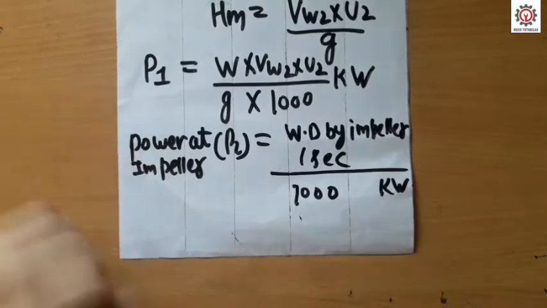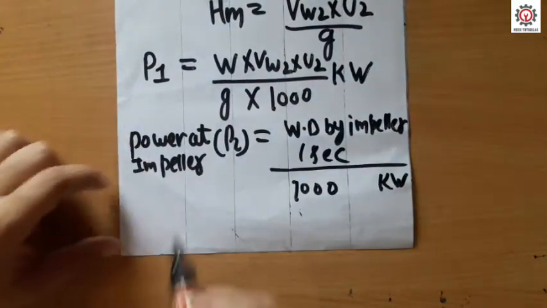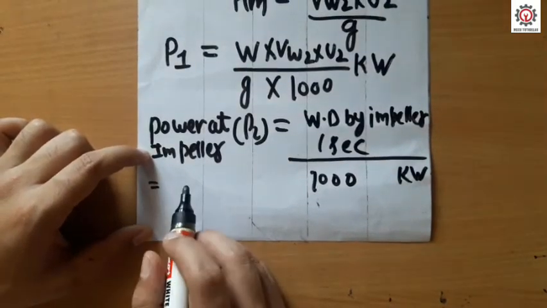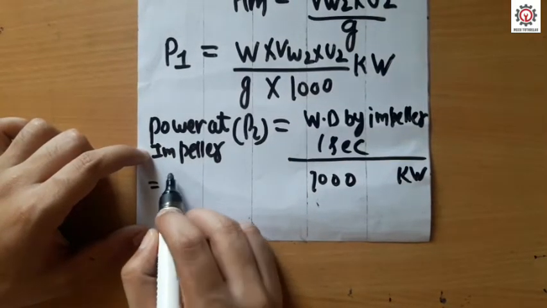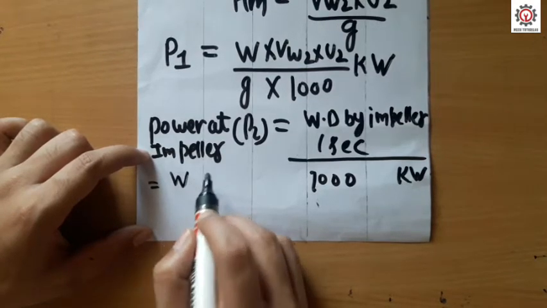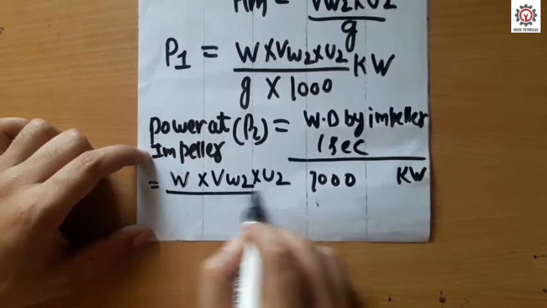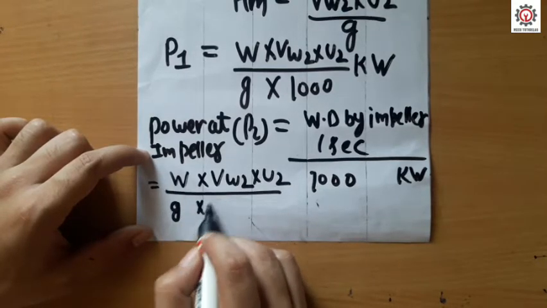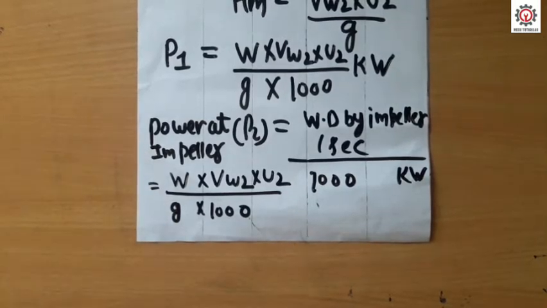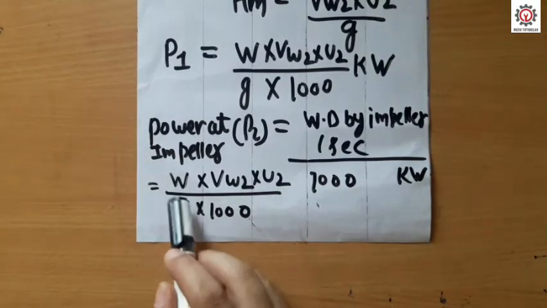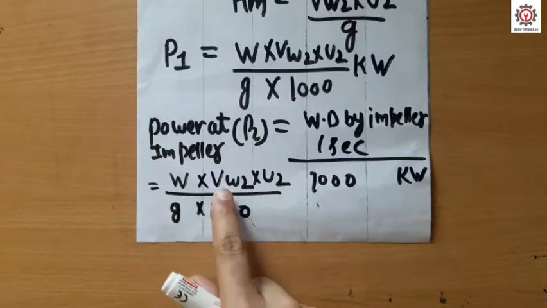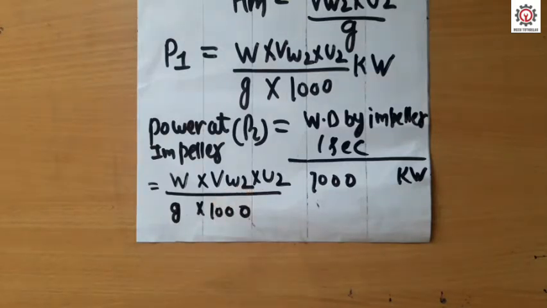This can be represented as W into Vw2 into U2 divided by g into 1000. This is nothing but the work done per second for W weight of water, by providing these velocities for rotating water and increasing its head. This is the work done by the impeller on water per second.